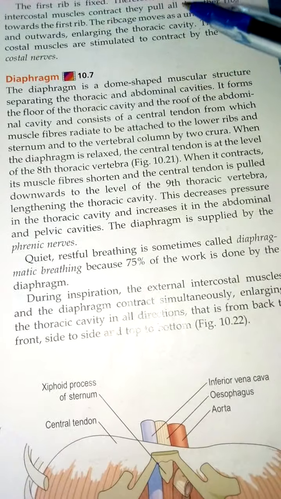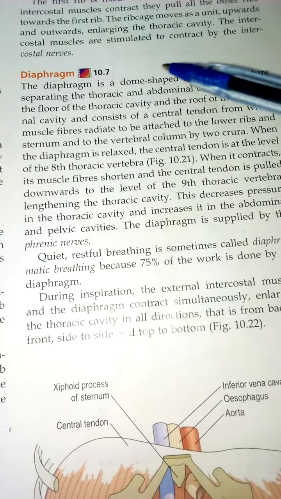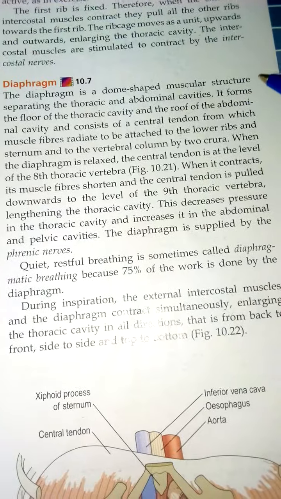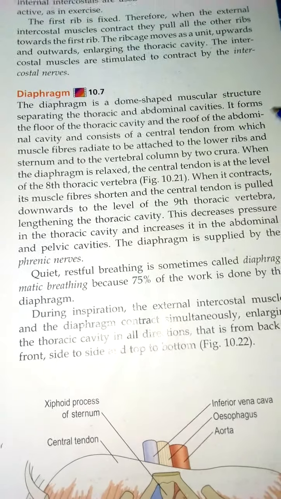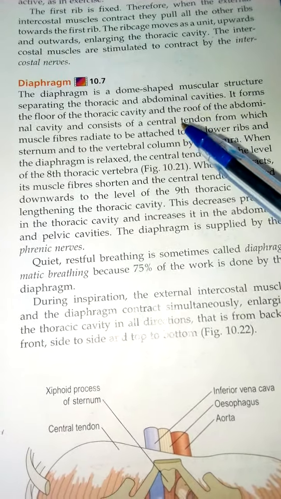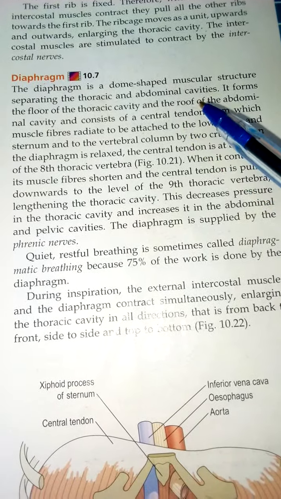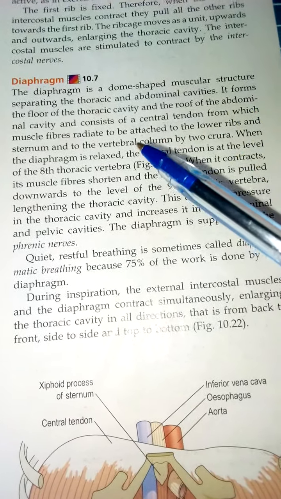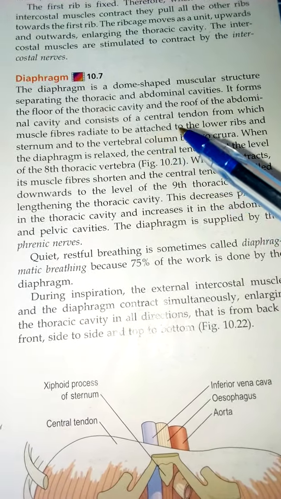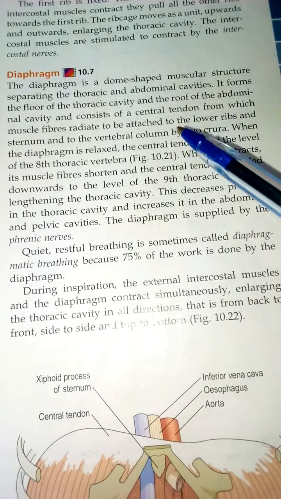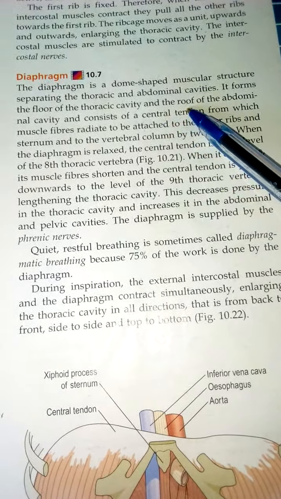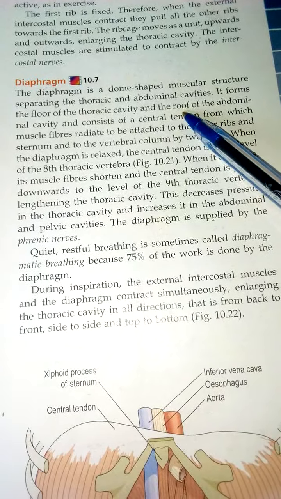The diaphragm is a dome-shaped muscular structure separating the thoracic and the abdominal cavity. It forms the floor of the thoracic cavity and the roof of the abdominal cavity, and consists of a central tendon. A tendon joins a muscle to a bone.